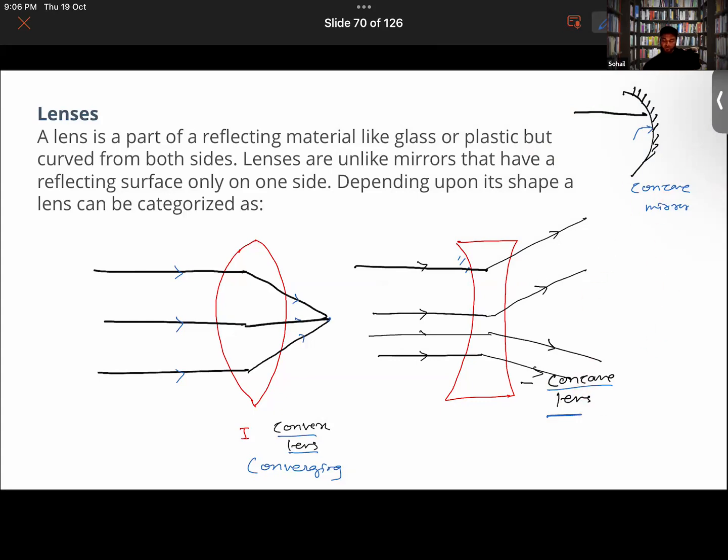In the case of the concave mirror, moments ago we saw that the light rays were converging. Concave mirrors are converging, while concave lenses are diverging in nature. Is the point clear? Are you guys getting it? Yes, sir.